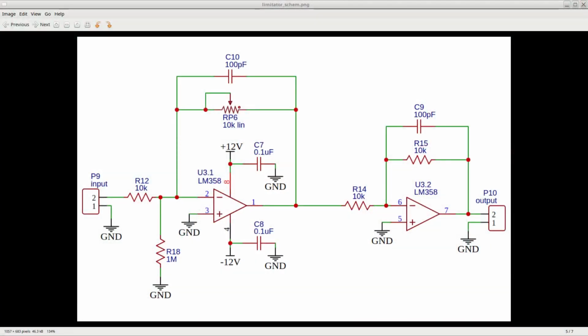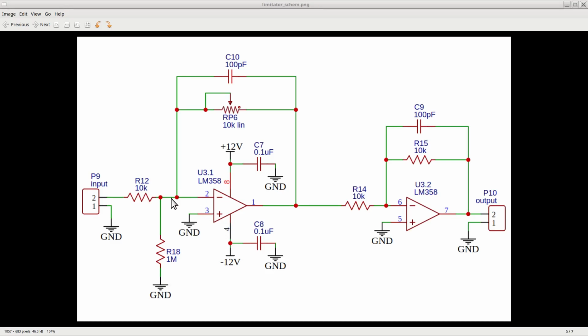The first amplifier is done with the first half of the LM358. The input signal enters through the pin header P9 and goes through resistor R12, which is one of the two resistors that set the gain for the amplifier. Resistor R18 is only used to keep the op-amp input to ground if there is no signal present at the input.